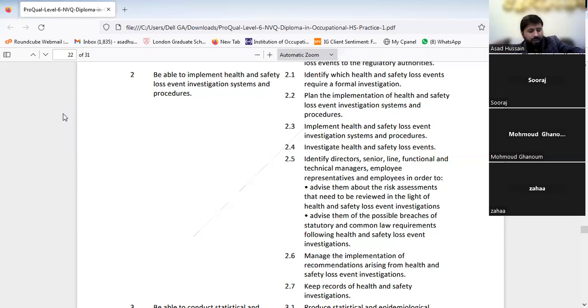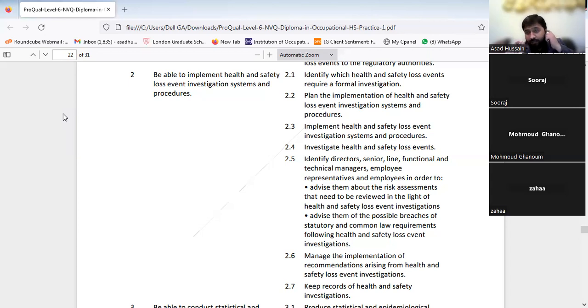Furthermore, in 2.3, we have implement health and safety loss event investigation systems and procedures. It is almost a repetition of 2.2, but here we have to understand the difference between the 2.2 and 2.3 assessment criteria.